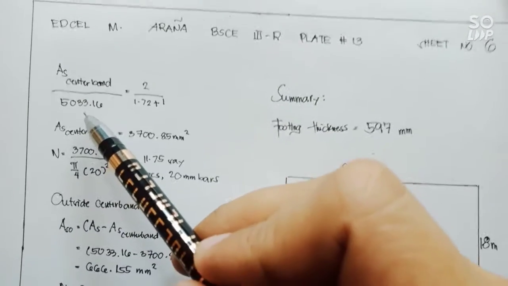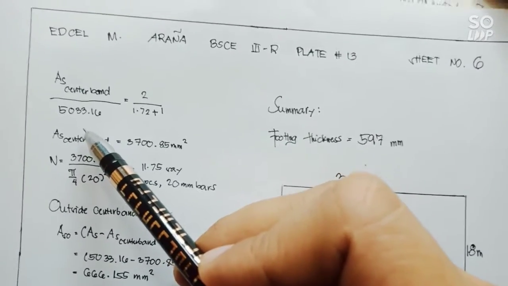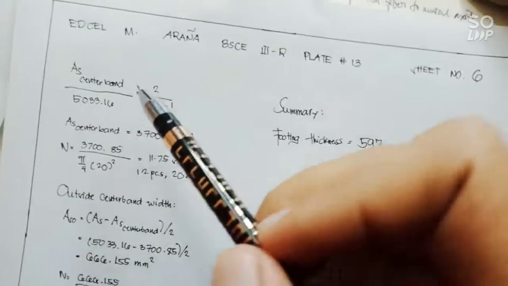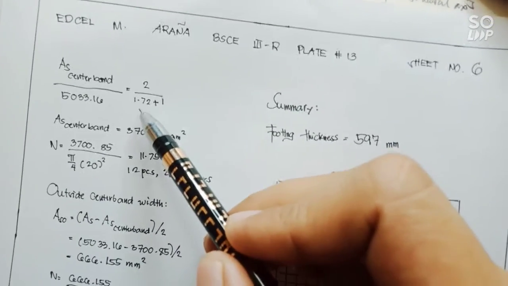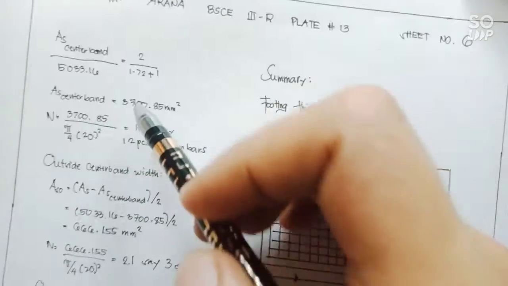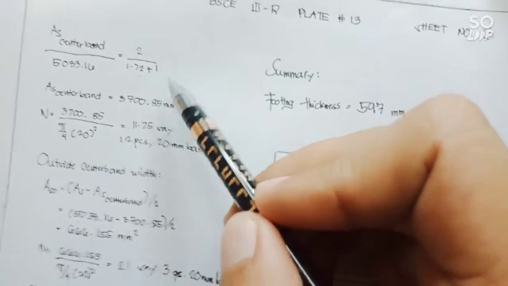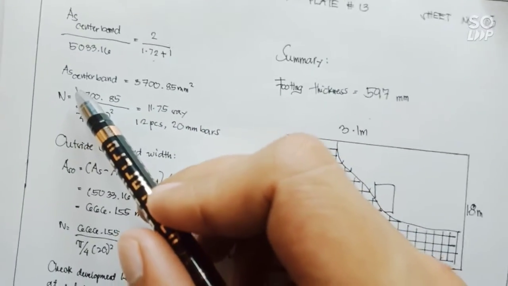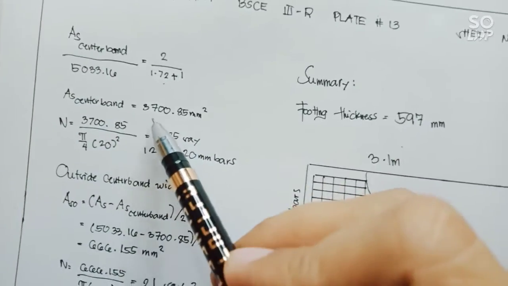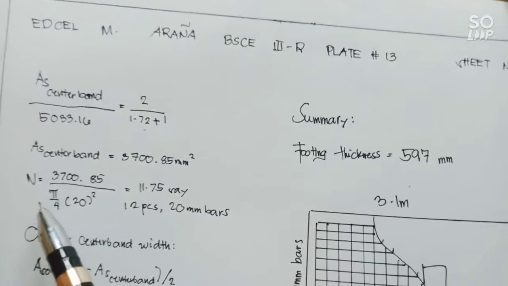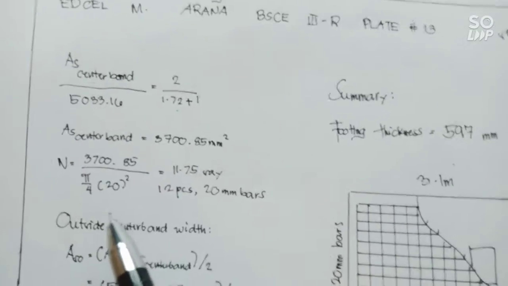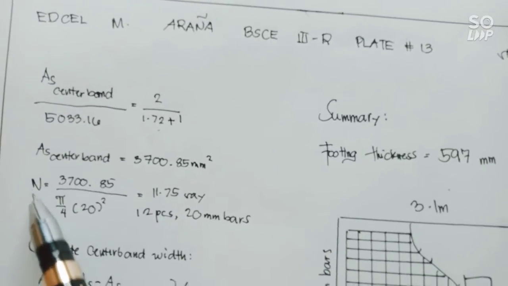So substitute our area of the steel reinforcement, which is 5,033.16, and it is equal to 2 over beta, which is 1.72, plus 1. So our area of steel reinforcement of the center band is equal to 3,700.85 millimeters squared. For the number of steel reinforcement in the top bars, we need to use this formula.